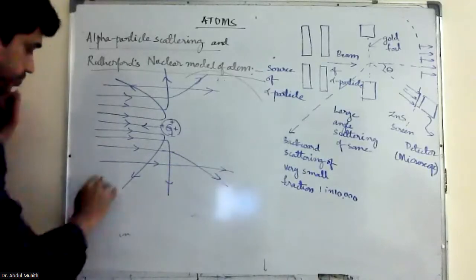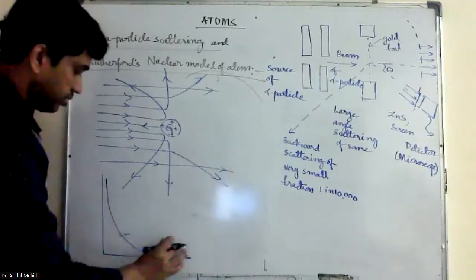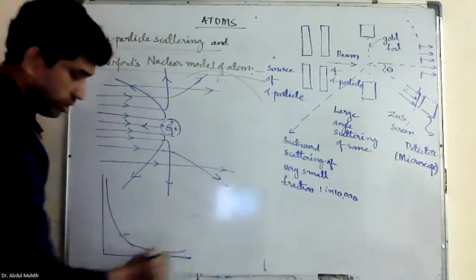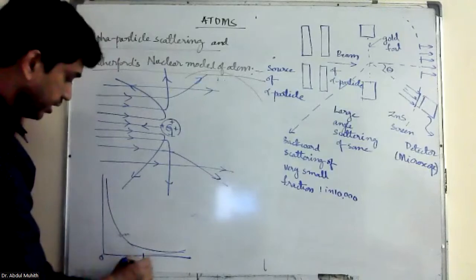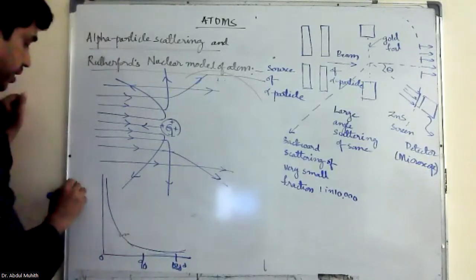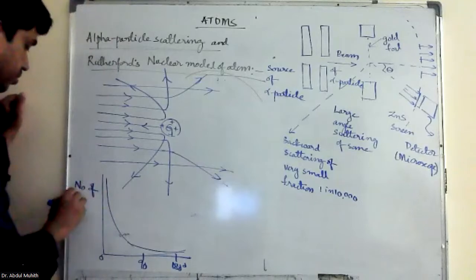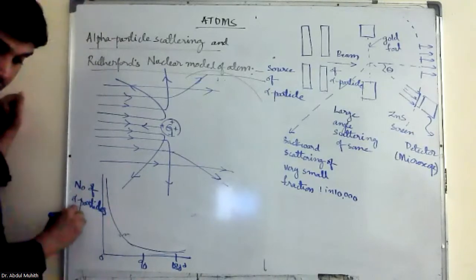The second one is a graph like this. This is 0 degrees, 90 degrees, and this is 180 degrees. Here is the number of alpha particles scattered.